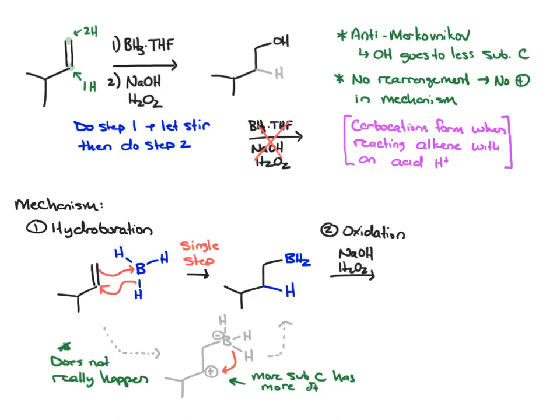Also, our focus right now needs to be reactions with alkenes and their mechanisms. So for now, just suffice it to say this boron gets oxidized to an OH. And there's your product.